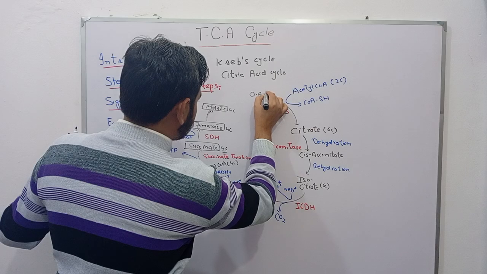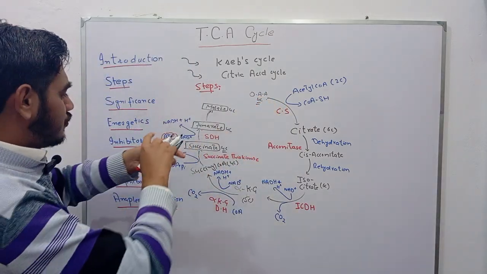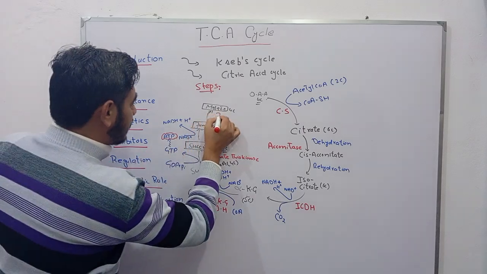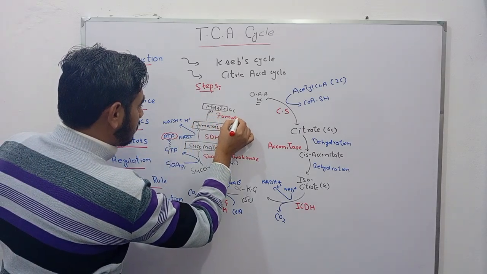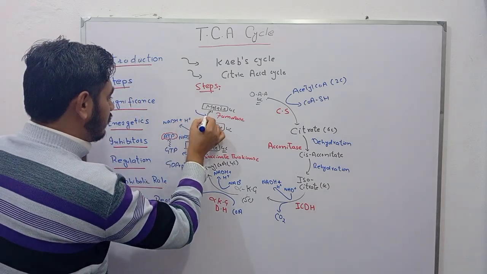Fumarate converts into malate with the help of fumarase enzyme, and there is an incorporation of a water molecule.